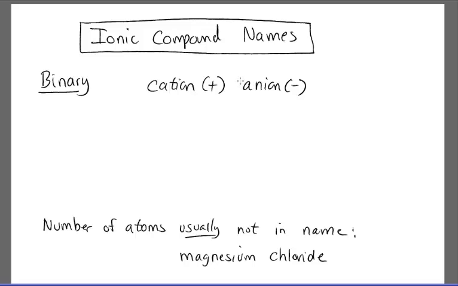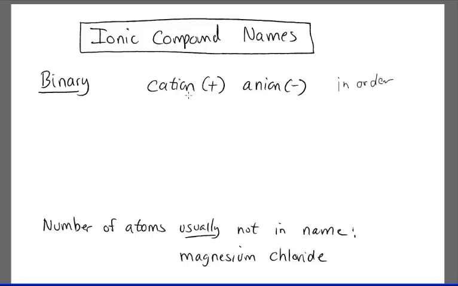So how do we name ionic compounds? Well, first of all, we're going to talk about binary ionic compounds, which means two-part, two elements. It's always got a cation and an anion, and they're always named in that order, cation and anion.